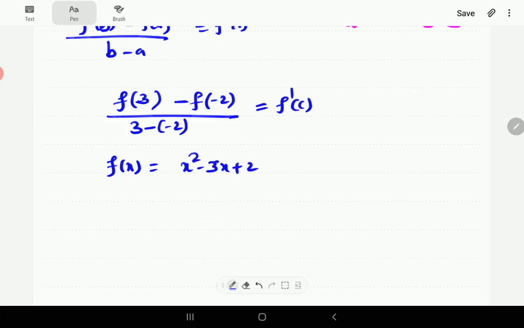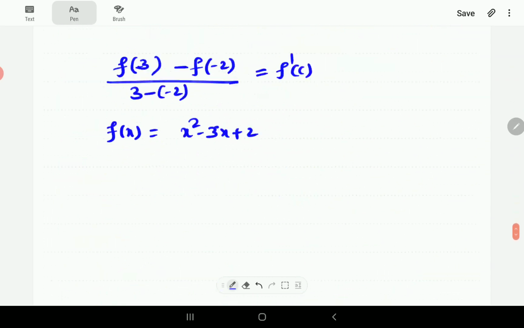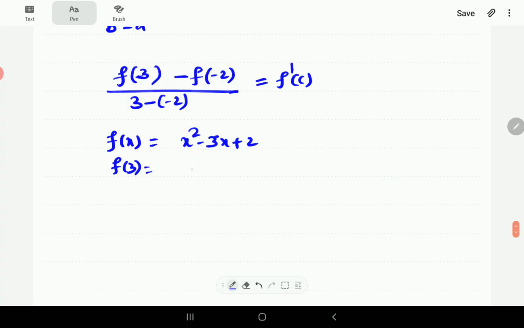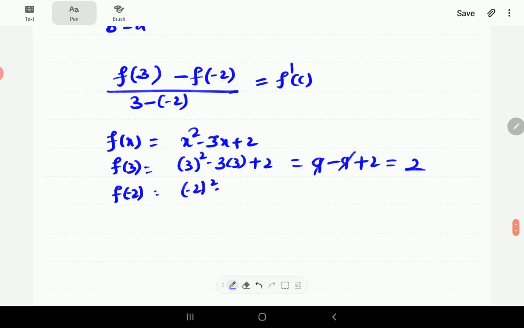So our f of 3 will be, putting 3 wherever x is there, 3 into 3, 9 minus 9 plus 2, which is equal to 2. Similarly, f at the point -2: it is -2 square, minus 3 into -2, plus 2. So this is 4 plus 6 plus 2, which is equal to 12.